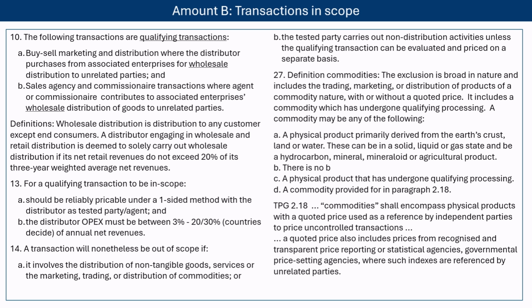And then 218 also says a quoted price also includes prices from recognized and transparent price reporting or statistical agencies, governmental price setting agencies, where such indexes are referenced by third parties. So if you have a CUP, use the CUP is the message again.